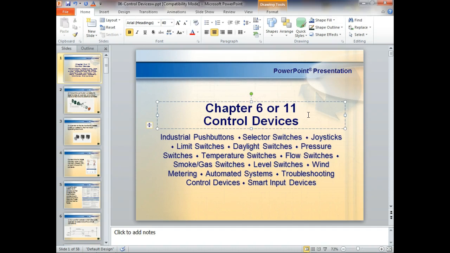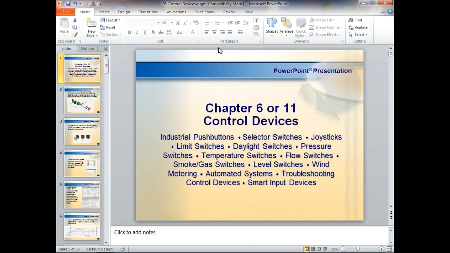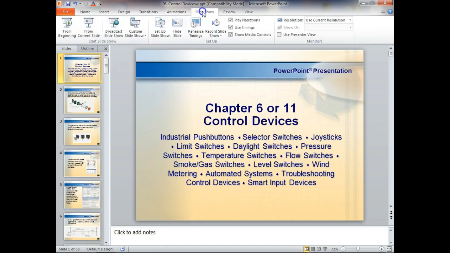Not the table of contents in the front, right? Yeah. Chapter 6. What is it in your book, Gilbert? Mechanical input control device. Chapter 6? Okay. Wow. Page 140.